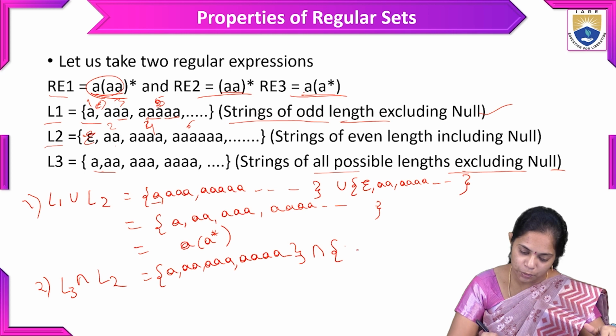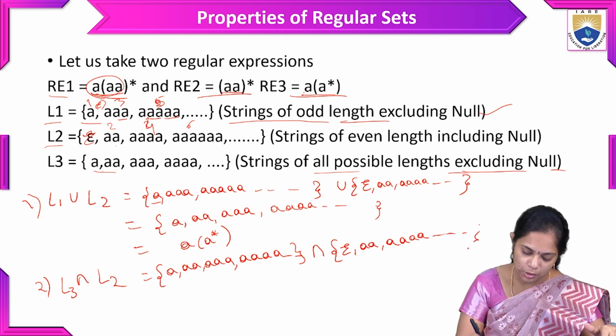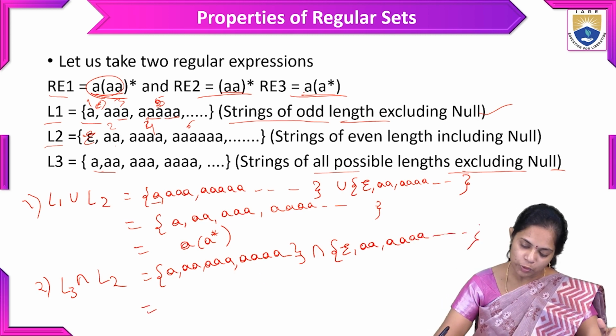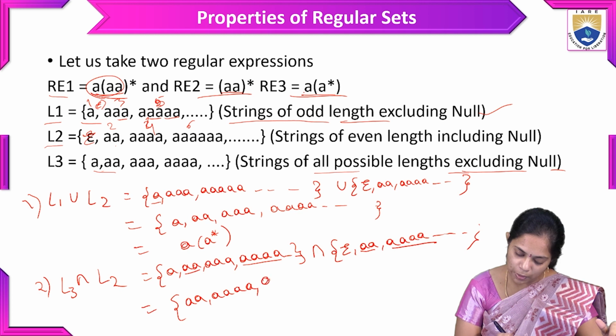So it's all combinations of A, even length and so on.